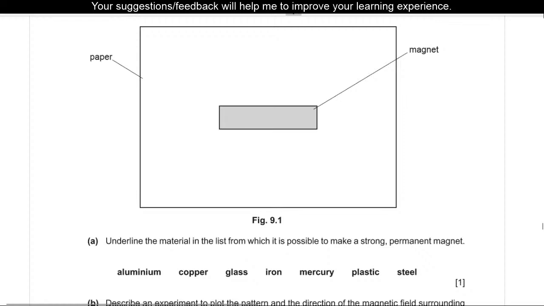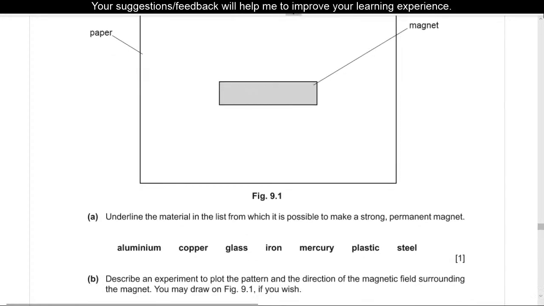So if there is anybody who can tell me which material will make a strong permanent magnet. It is steel.